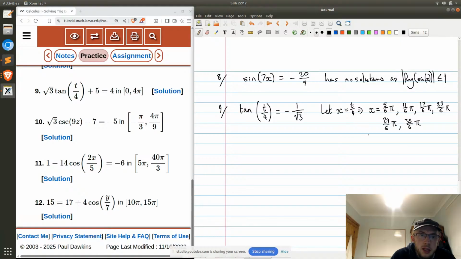So that'll do. Now, if x is equal to t over 4, then t is equal to 4x. Therefore, these have to all be multiplied by 4.